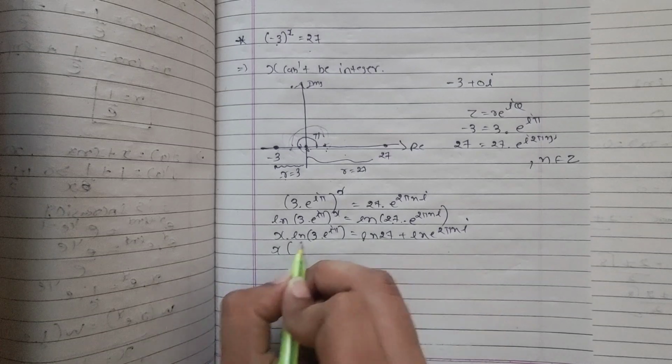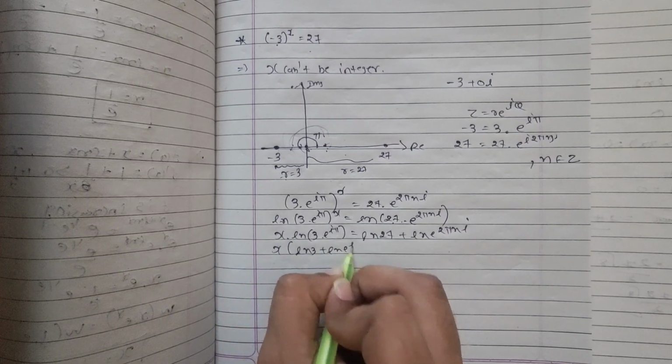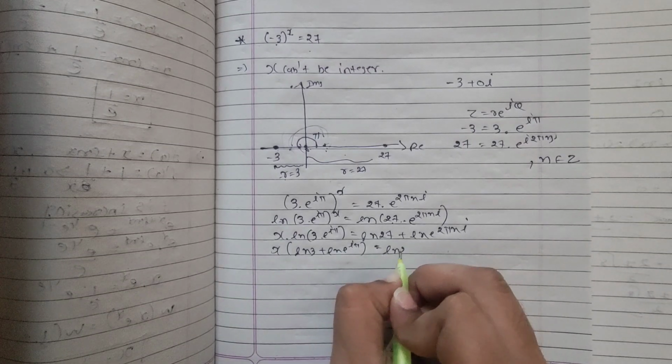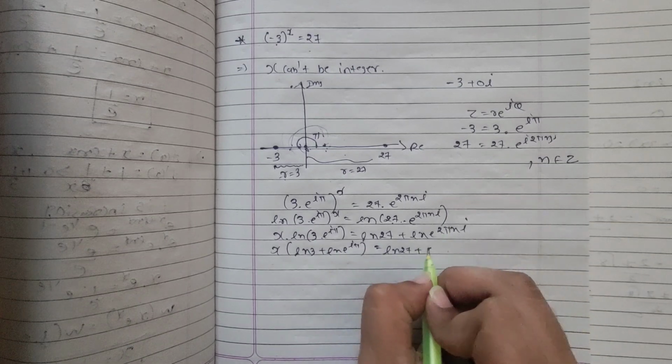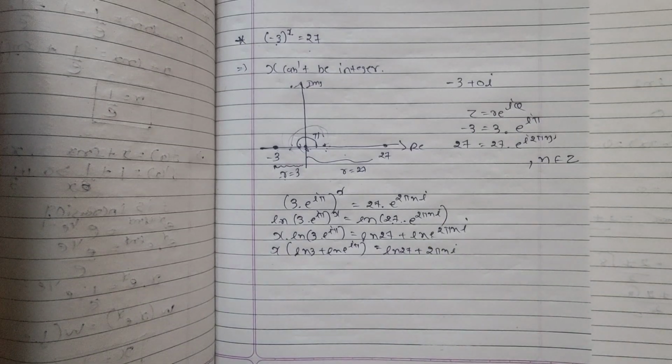Again, this is the simple form ln AB. So I can write ln 3 plus ln e raised to iota pi, ln 27 as it is, plus here I have 2 pi n iota which will come here, right? And the value of ln e is always equal to 1, right? So our only answer will be 2 pi n iota.